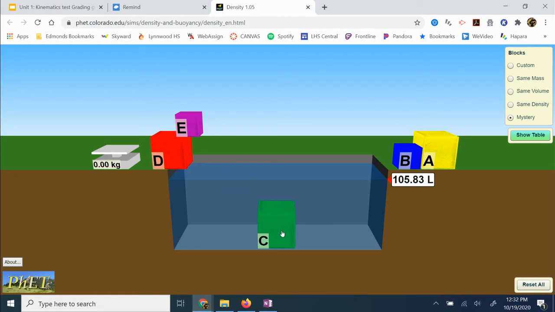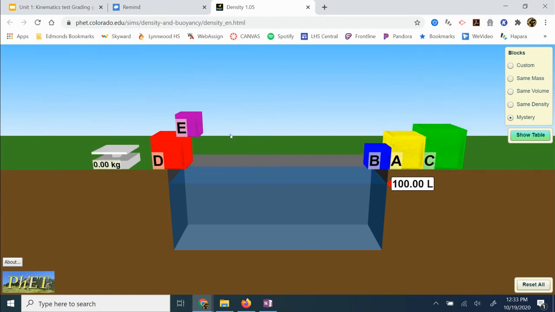So it went from 100 to 105.83. So that is a difference of 5.83. So your volume is 5.83 liters. Okay, you would then divide those two numbers to get the density. Okay, mass divided by volume. So we'll put them over here.